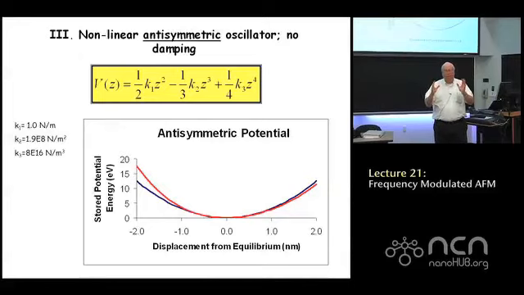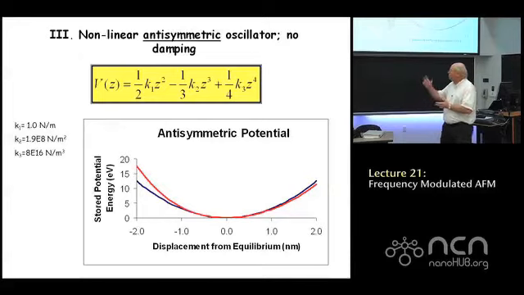And when the tip oscillates in the potential well, the potential well is clearly asymmetric. It's much steeper when you get closer to the sample than it is when you get far away from the sample. So how can you mimic this asymmetry in the potential well in a simple way?